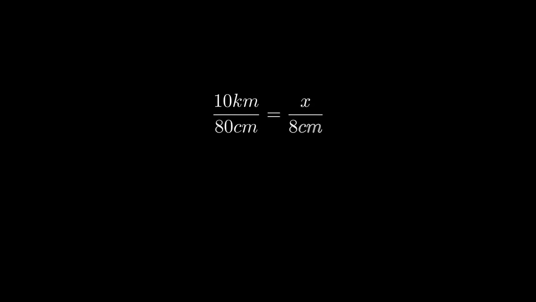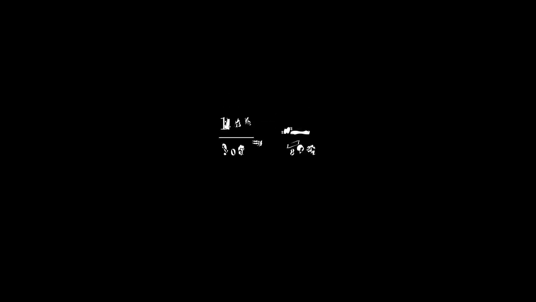Namely, we know that 10 km divided by 80 cm is equal to our required length x divided by 8 cm. Bringing everything to same units gives us 10^4 over 0.8 equal to x over 0.08.